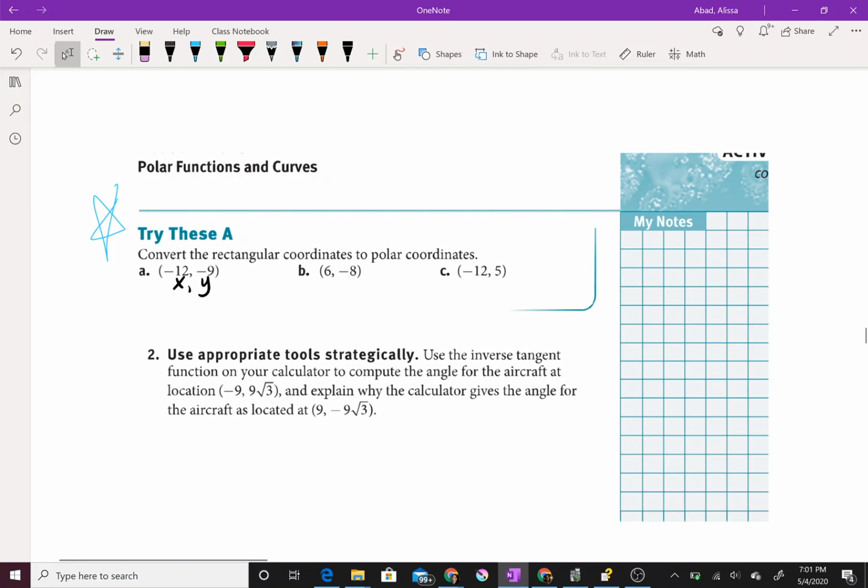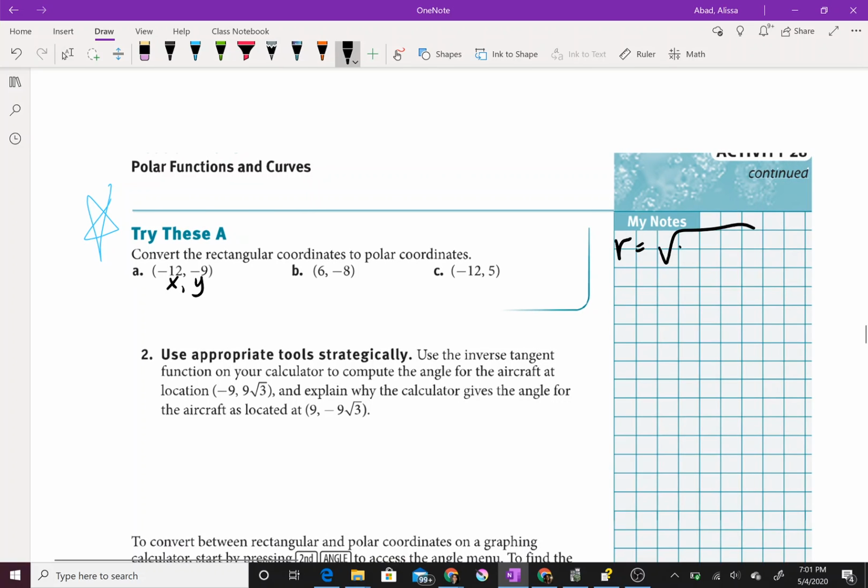So it was r equals square root x squared plus y squared. Theta is arctangent of y over x. Now, for finding the radius, we can substitute the x and y into that formula.